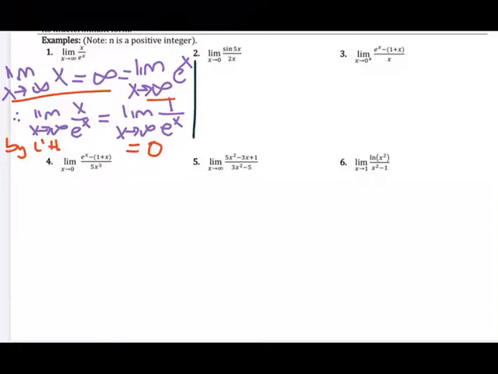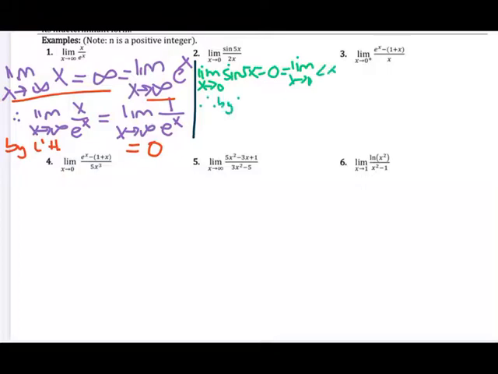Now, we learned another technique for evaluating number 2, but I'm going to go ahead and actually use L'Hopital's rule here as well. So the limit as x approaches 0 of sine of 5x is 0, which is also the limit as x approaches 0 of 2x.